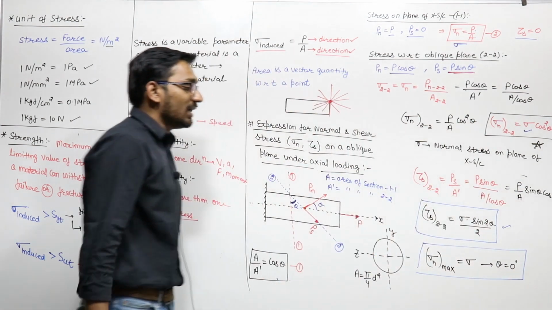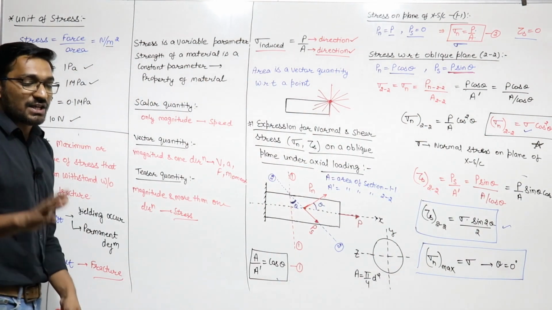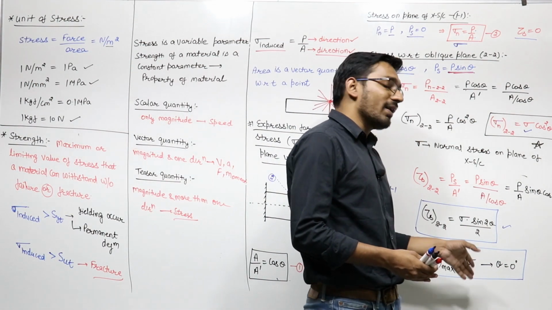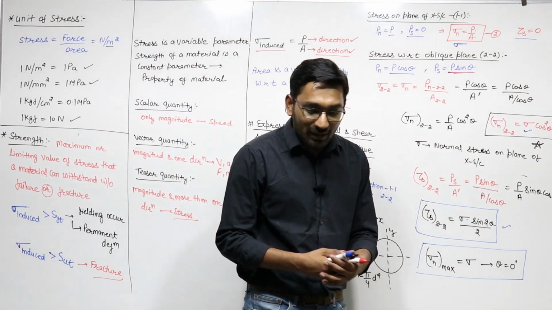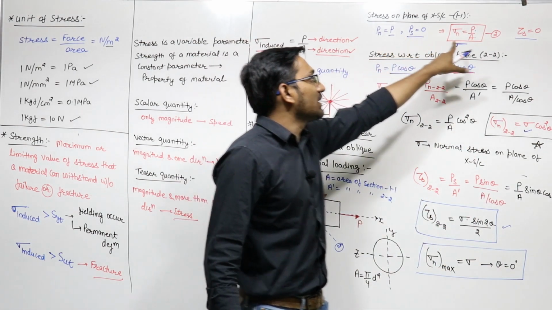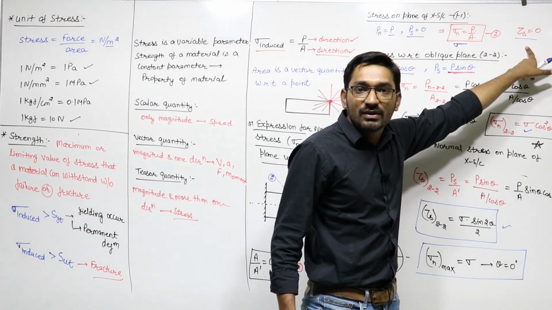So you can say that in the uniaxial case, the maximum normal stress will develop at the cross section, and you know that at the cross section shear stress will be 0.